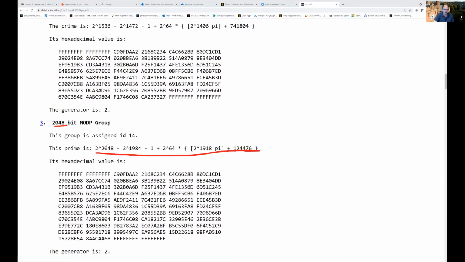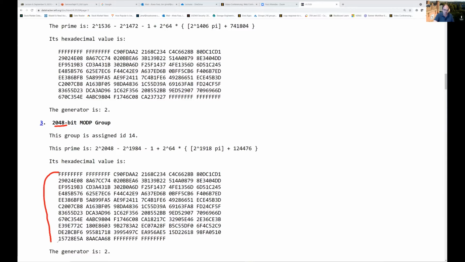So this is 2 to the 248 minus 2 to the 194 minus 1 plus 2 to the 64 times the square brackets, 2 to the 19 pi, round it to the nearest integer, plus 12.124476. That's just a way of writing the prime. So this is group 14, officially in the standard.